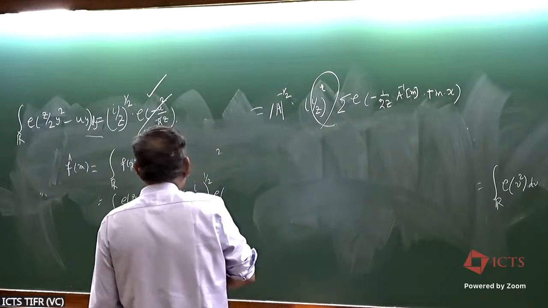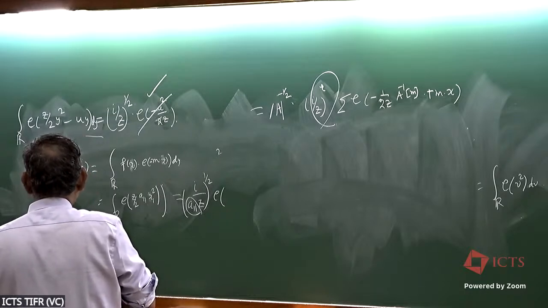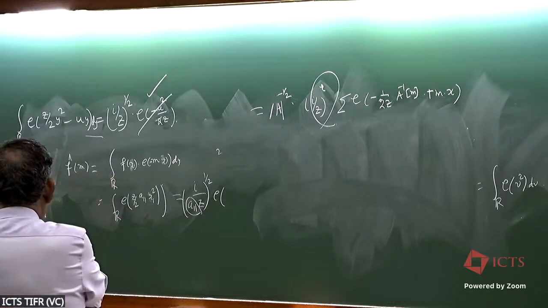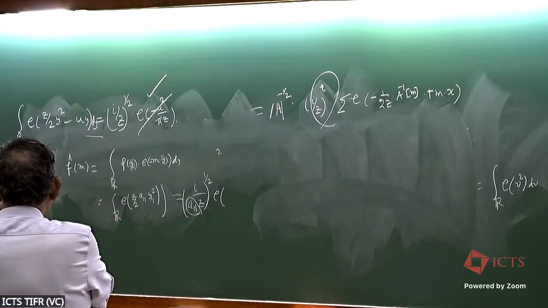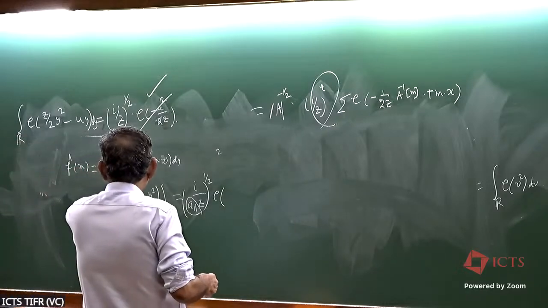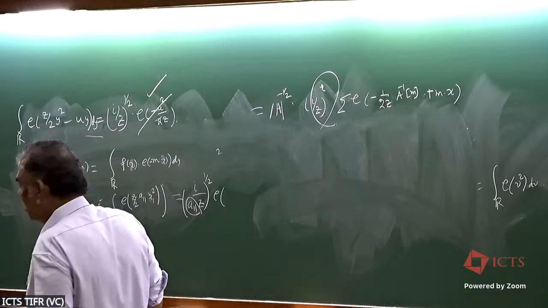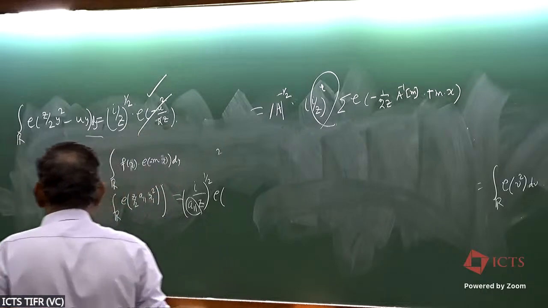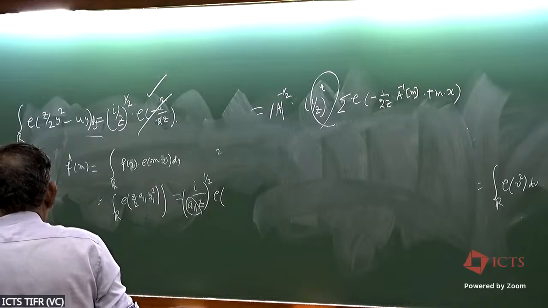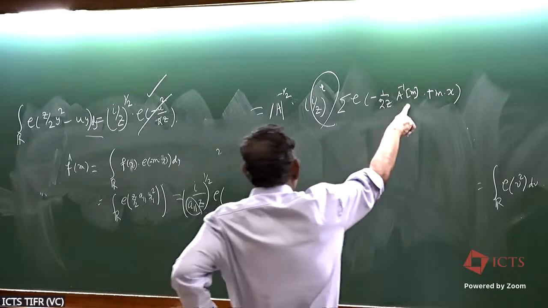And this e of minus u square by 2 is that. I mean, that's only the x1 square term, there is no x term. One by A, that is the A inverse m.